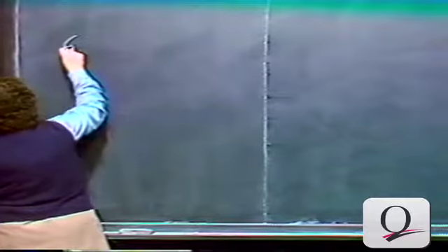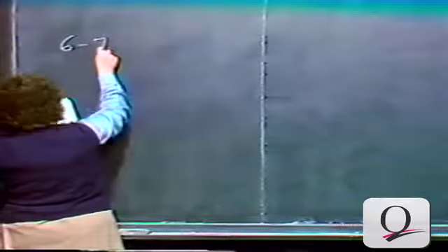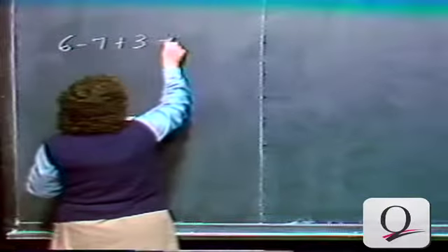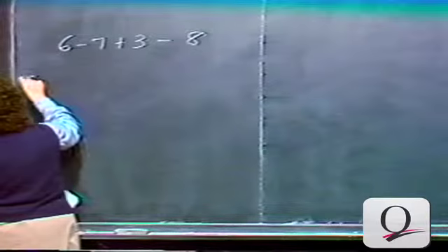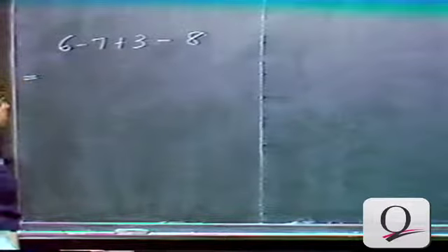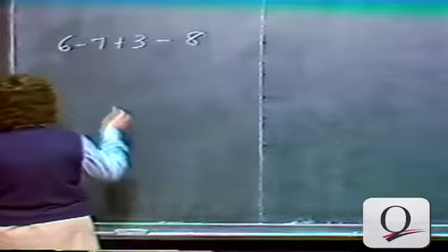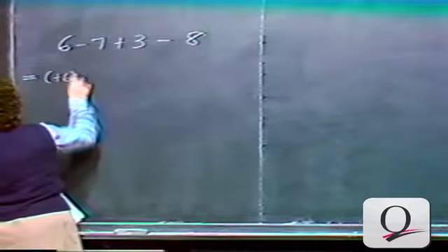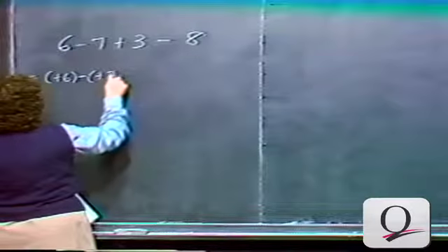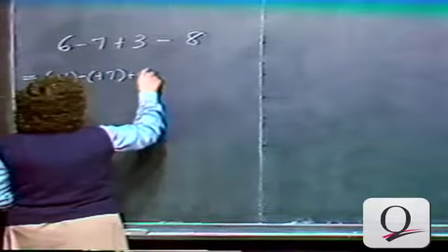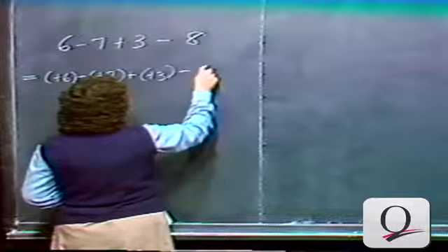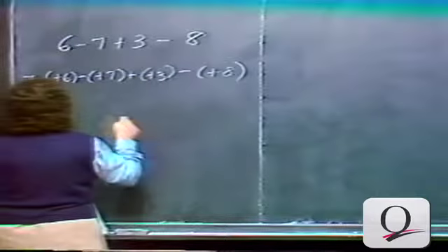Okay, let's try the following. If you see 6 minus 7 plus 3 minus 8 in a row like that and you want to handle it, remember that for positive numbers, we very often leave a sign out. So what we really are talking about here is a plus 6, take away a plus 7, adding a plus 3, and taking away a plus 8.